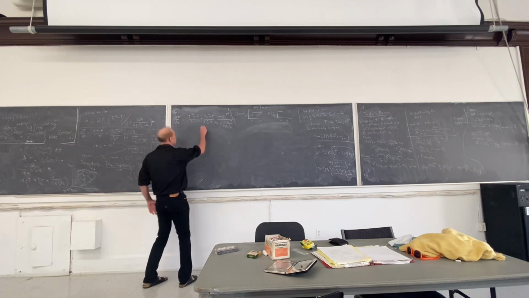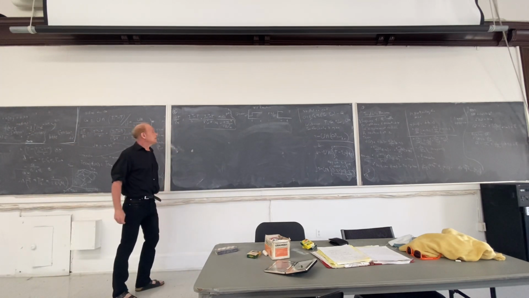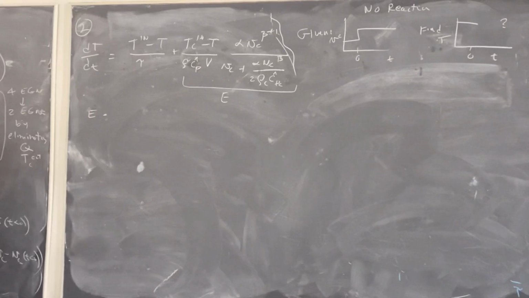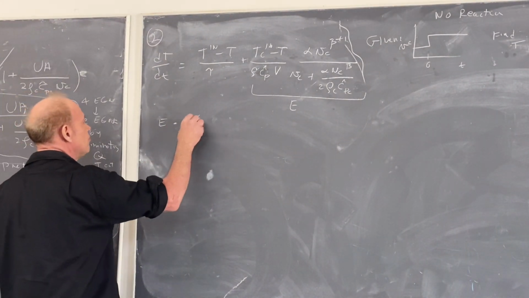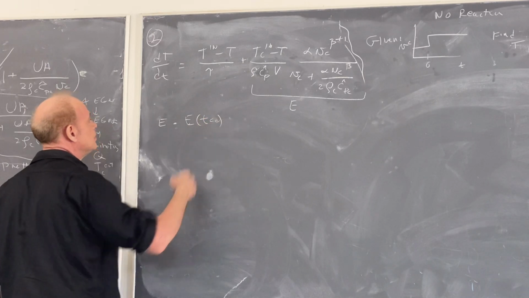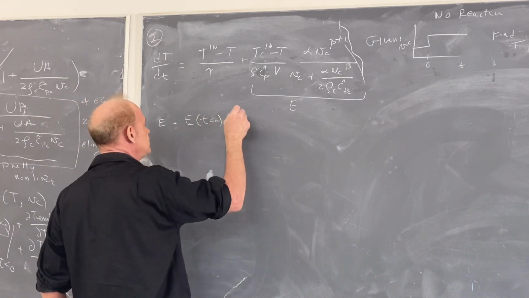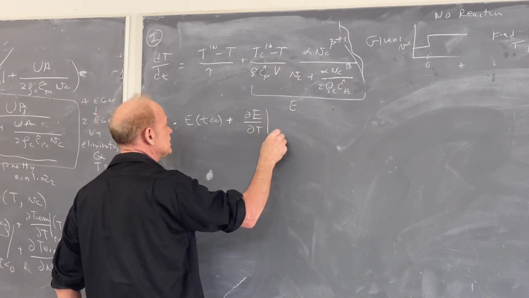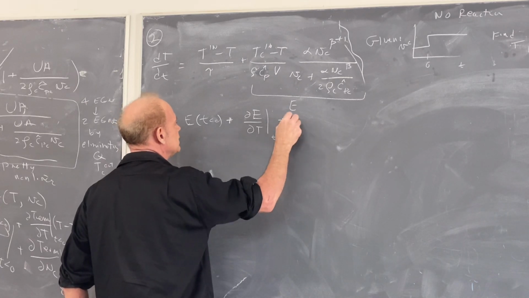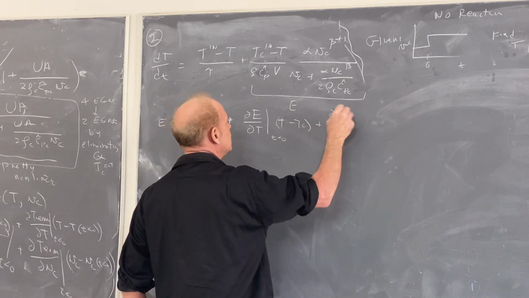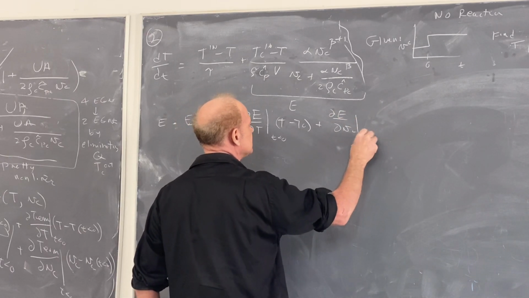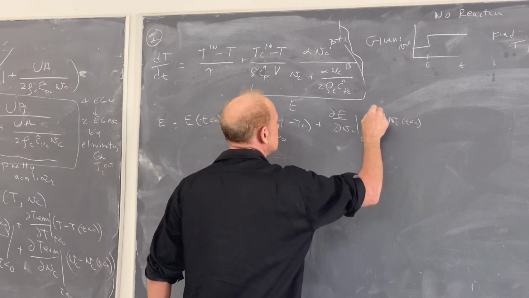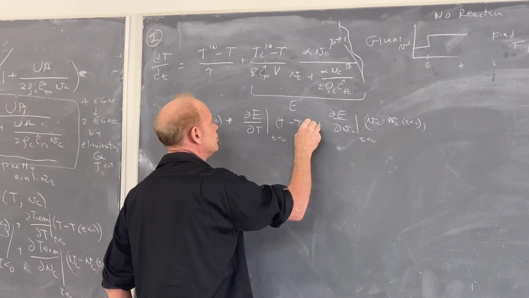So I notice that this term, which I need a letter to call it, let's call it E, is equal to, as we said, E for t less than 0, plus dE/dt at t less than 0 times T minus T at t less than 0, plus dE/dVc for t less than 0, times Vc minus Vc at t less than 0.